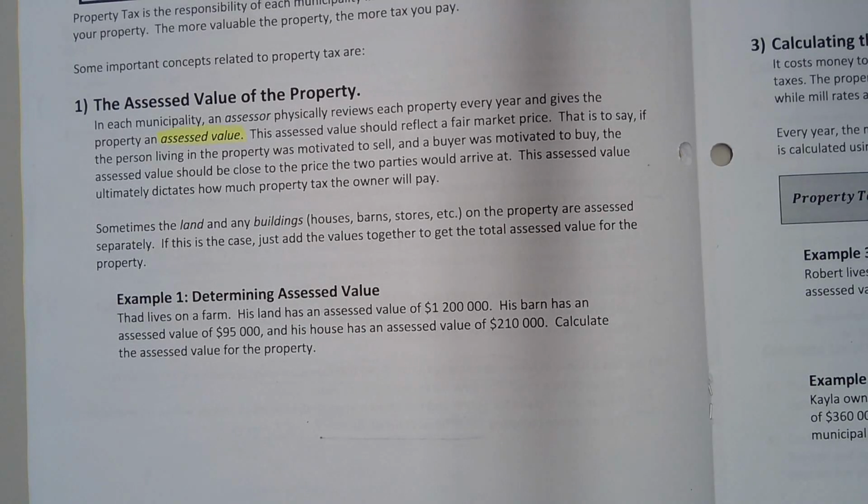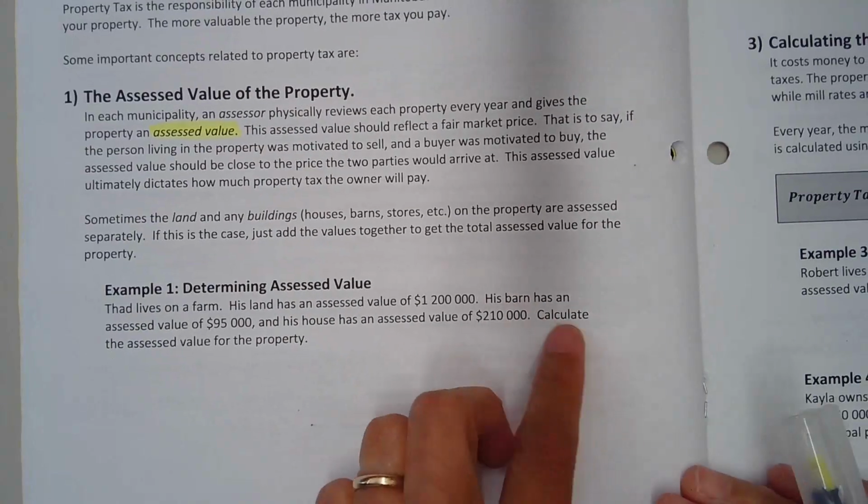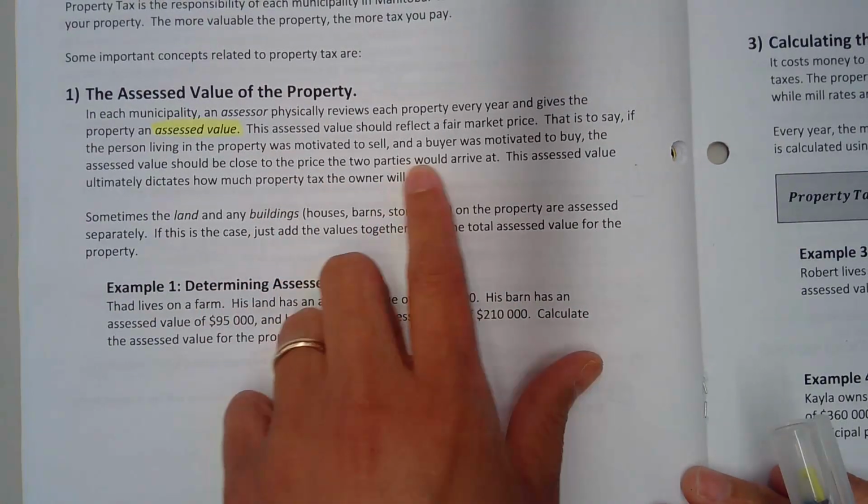Higher or lower? Higher. Makes sense, right? Because you want to get more money out of your house. If you are buying, you want the price to be lower, right? Because you want to save money. So buyer price is low, seller price is high. You want it to be somewhere in the middle. That's what the two parties are talking about here.